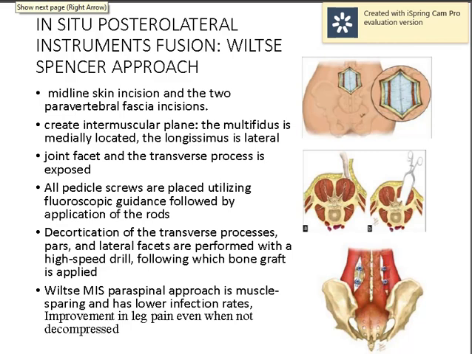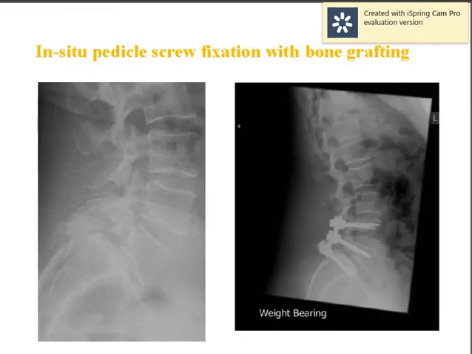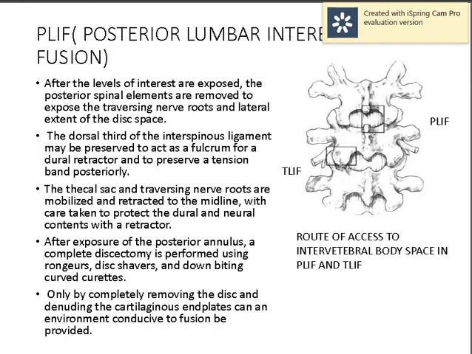Just remember the procedure names and what the goal is, and how and which things are done. So you can see here pedicle screw fixation with bone grafting done. In these three areas, screws and bone grafting are done, and then you have the posterior lumbar interbody fusion.